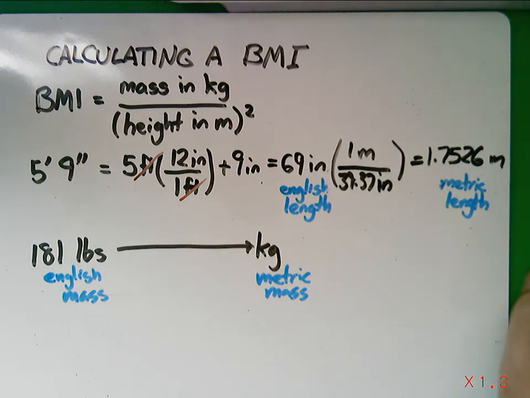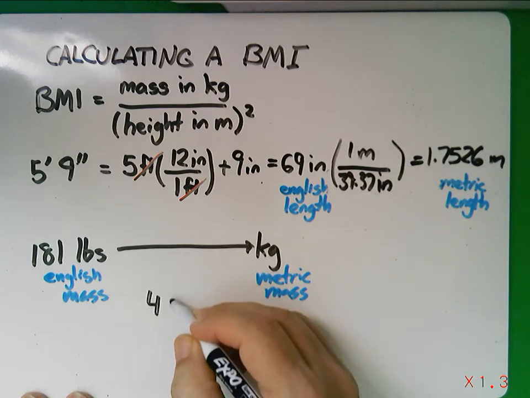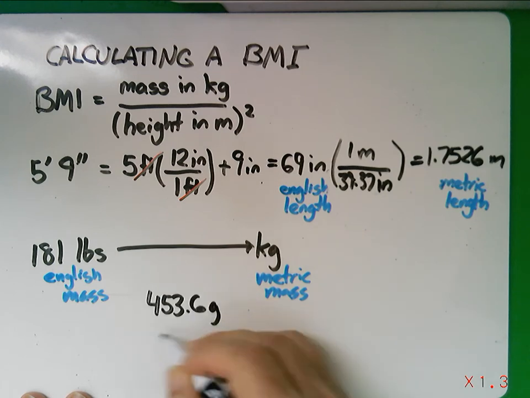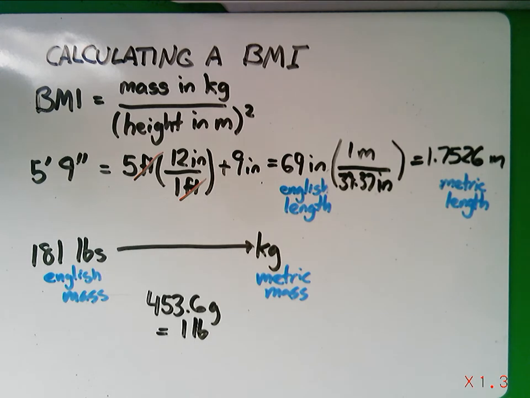Now you can find one that goes directly between pounds and kilograms, and it's pretty convenient. It's like 2.2 pounds as a kilogram. But suppose I find this one instead. Any English to metric mass conversion will work. Some of them are easier to use than others. That one will work.